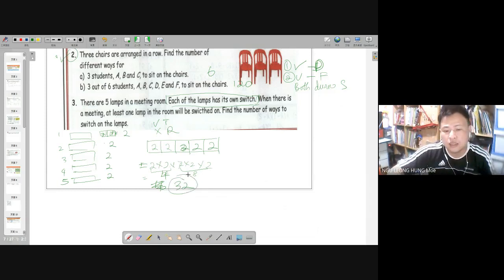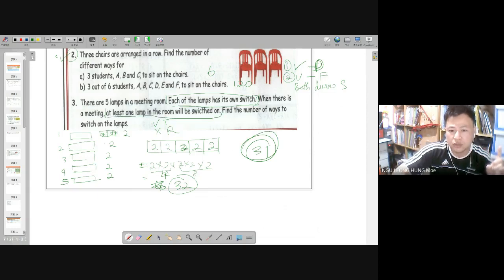But this one is either you turn off all or on, right? On and off, on and off, on and off. But why is the answer 31? Because you see, at least one lamp is switched on. That means you can switch on all, on.